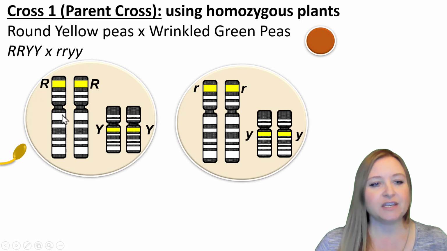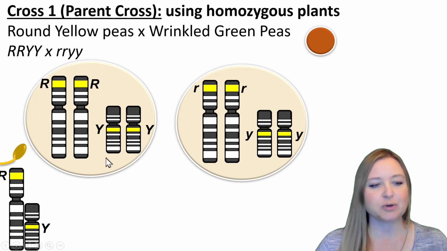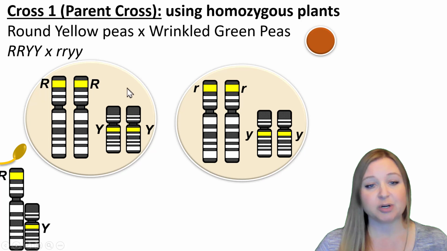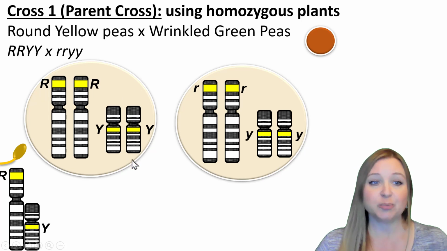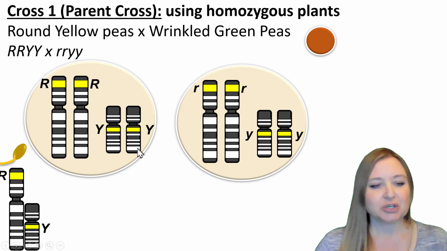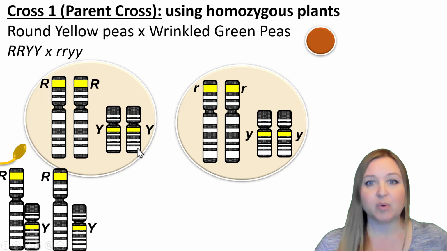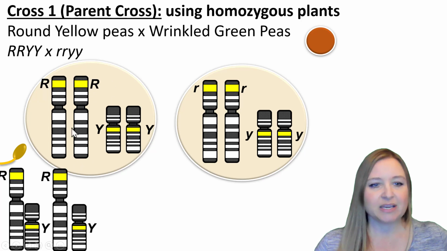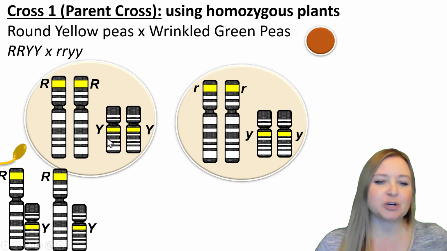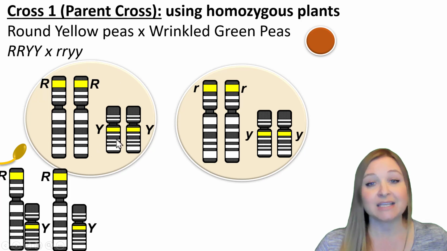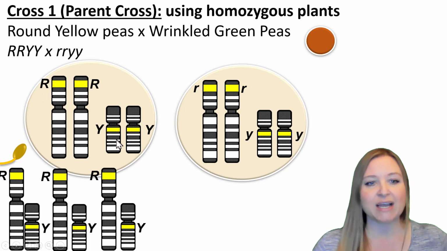So we know that this chromosome could end up with this chromosome. So in one sperm, we could have big R and big Y. Now, this first chromosome could also be separated into a sperm with this second chromosome. Here, big Y, so that sperm would have big R, big Y. This chromosome here could end up in a sperm with this chromosome, and so that sperm would have big R, big Y. And finally, this chromosome here could end up in a sperm with this chromosome.